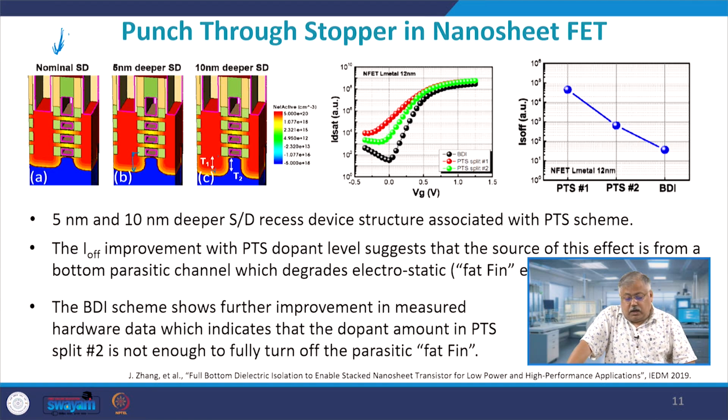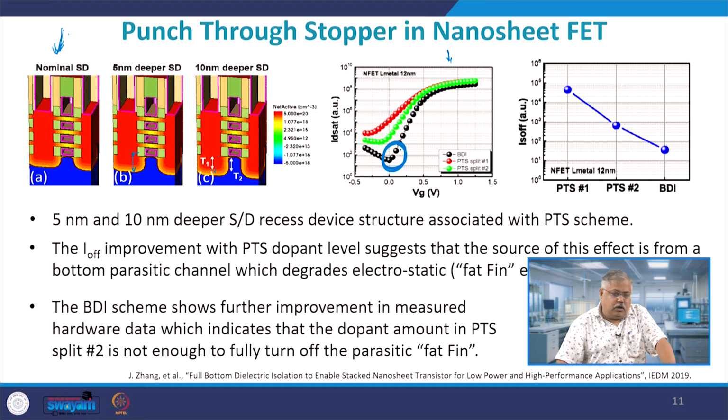Now, if you look at the first graph on the left hand side, which tells you the variation of ID sat with VG, then with BDI, which I will discuss later, BDI being your bottom dielectric isolation, your off currents are reduced drastically as compared to the other case.